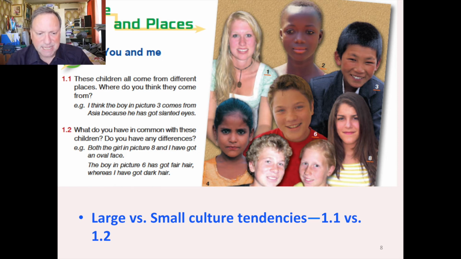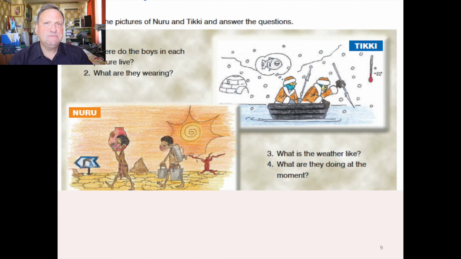And this conflicts with the way much of the world is. On the other hand, in 1.2, we have the encouragement to spot commonalities across societal and other lines, for example, ethnic. And this is an encouragement that is helpful for the small culture or interpersonal approach. Let's move on. Let's look at the next activity from the same textbook.